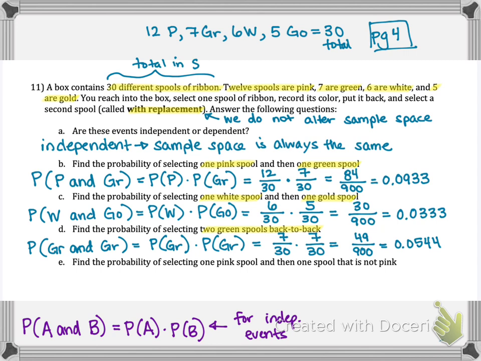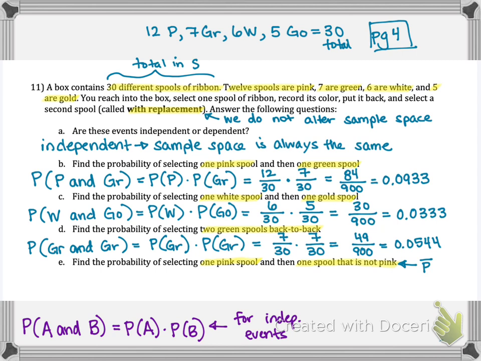Let's take a look at the wording and see how things have changed. Find the probability of selecting 1 pink spool and then 1 that is not pink. Okay, so guys, if pink is represented with the letter P, then not pink is going to be represented with the P with a line over it for the complement of pink.